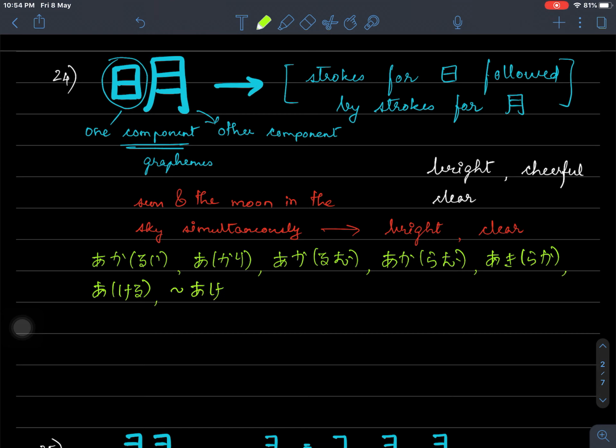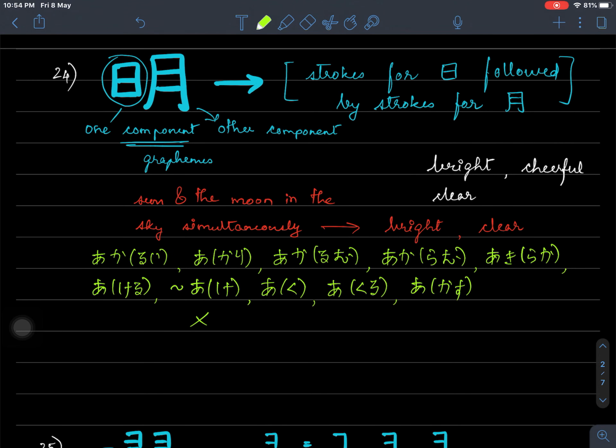So here this ake is a suffix. Then you have aku. Then you have akuru. Then you have akasu. Quite a lot of kunyomis. You will not be expected to memorize all of them. So there's that. And let's quickly have a look at the onyomis for it.